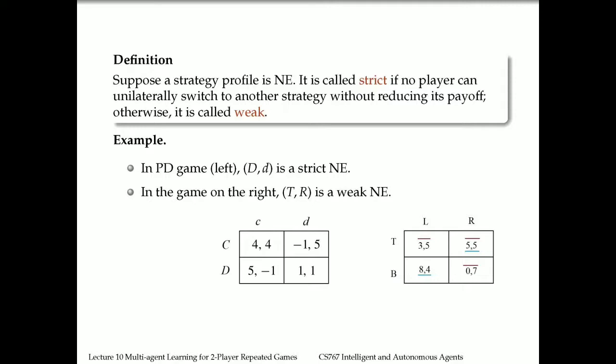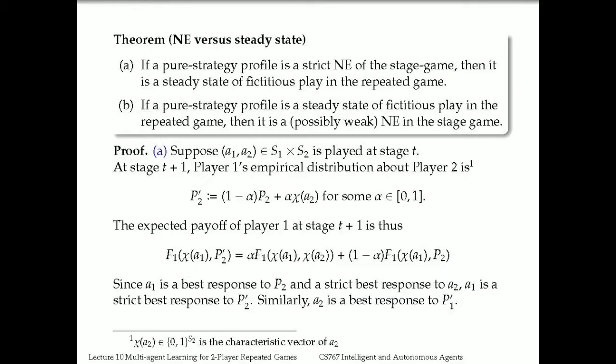Right? So why do we distinguish the Nash equilibria from strict ones to weak ones? It is that we need such a classification when we characterize steady states in fictitious self-play. So if we analyze the stage game and the stage game has a pure strategy profile that is a strict NE, then that pure strategy profile will be a steady state of fictitious play in the repeated game.